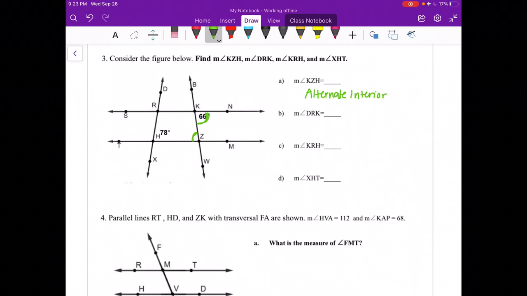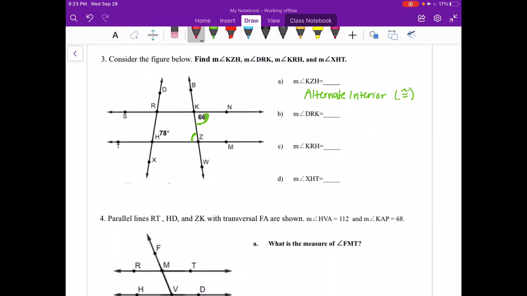We know in this class that alternate interior angles are congruent. Congruent means that these two angles are the same exact measure. So if this angle is 66, then KZH also has to be 66 degrees.